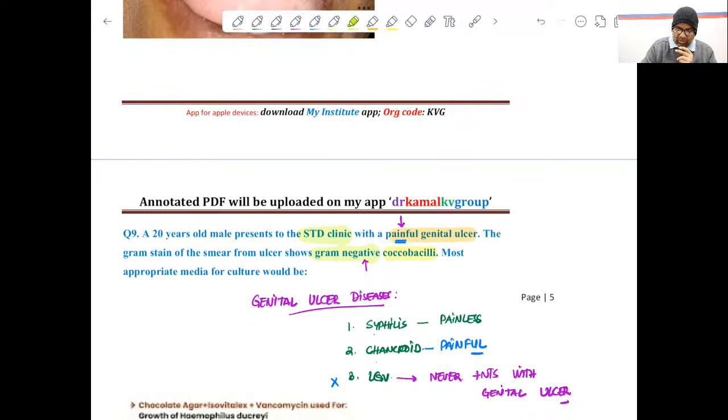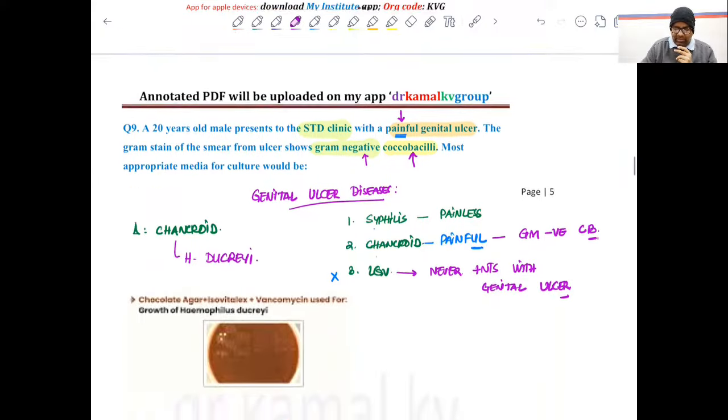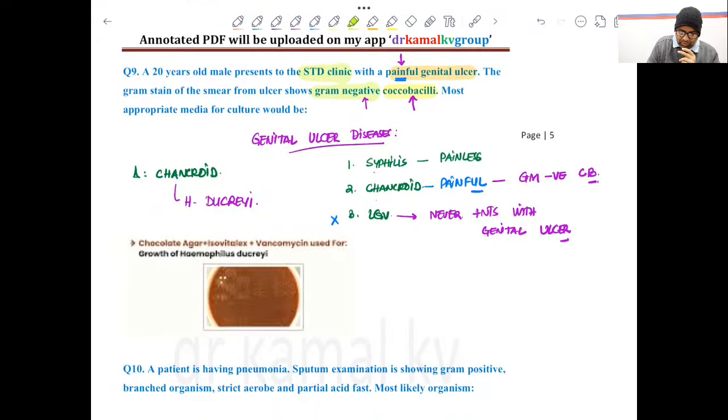And yes, the gram stain is also confirming this, because this is gram-negative coccobacilli, right? So the condition we are discussing in this question is chancroid. Chancroid is caused by Haemophilus ducreyi, and Haemophilus ducreyi is grown on chocolate agar with IsoVitaleX and vancomycin.